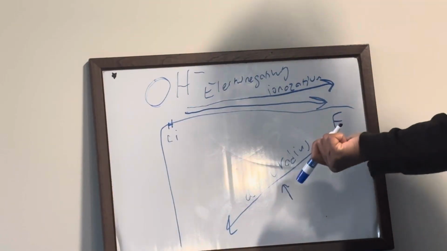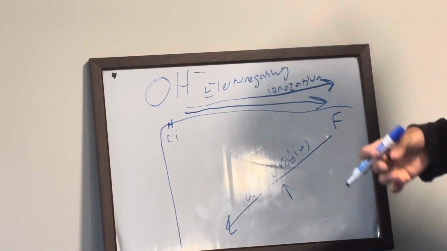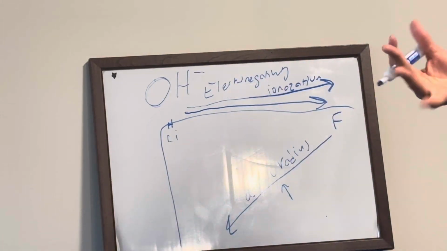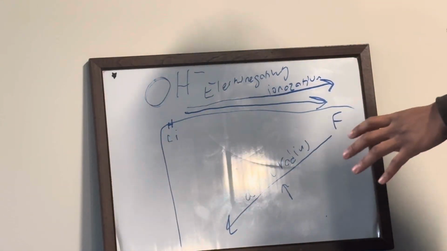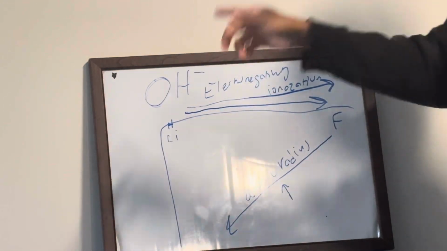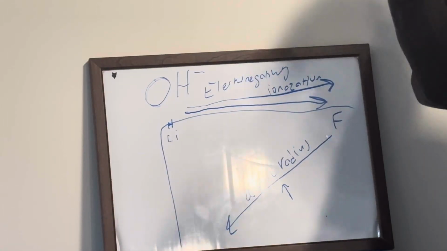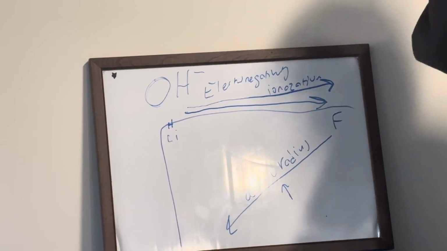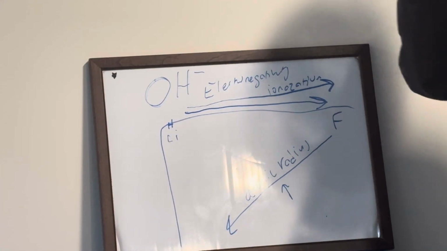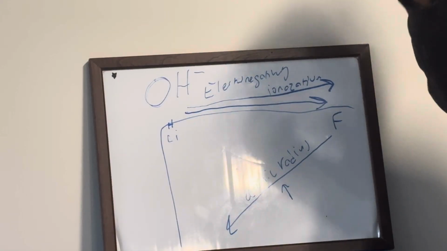So the atomic radius goes down. Atomic radius increases because if you think about an element, right? Think of an element like a closet, right? And now, as you get more towards fluorine, there's more electrons going into this closet, right? So they're getting filled up. So there's less room in it, which means the radius is smaller, right?